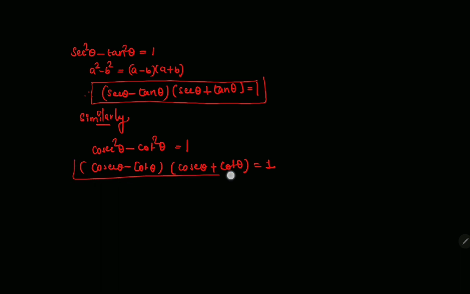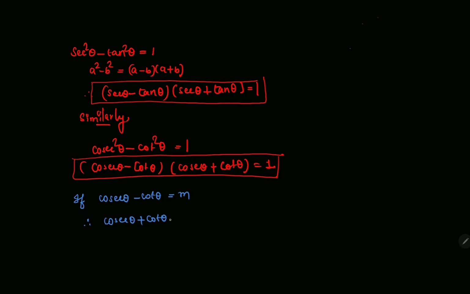These two identities are most important. If cosec theta minus cot theta equals m, then cosec theta plus cot theta will be 1 by m.